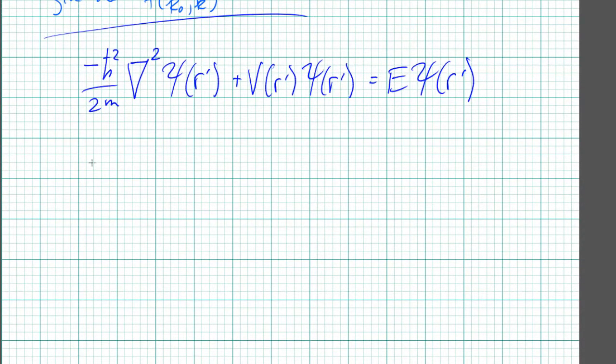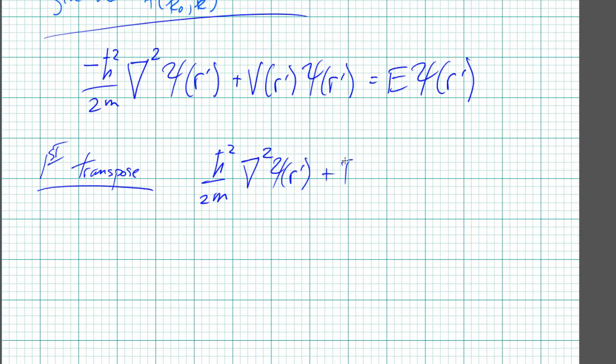Well, the first thing we do is transpose. So that's going to give us h bar squared on 2m del squared psi of r prime plus E psi of r prime. It's going to equal the other stuff, V of r prime psi of r prime.